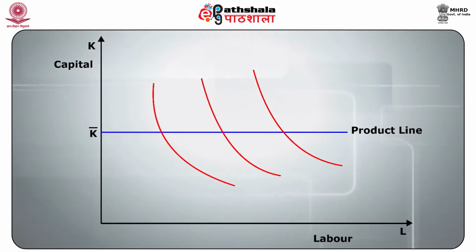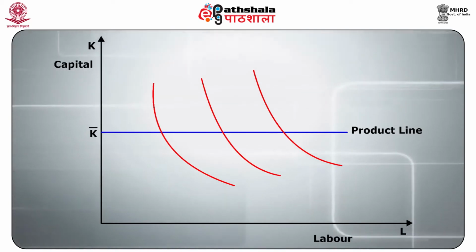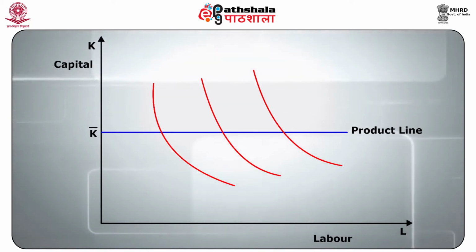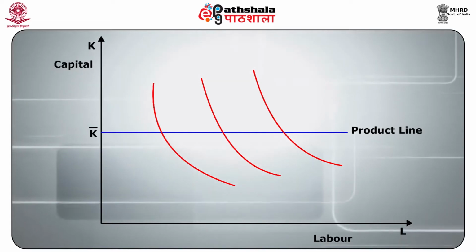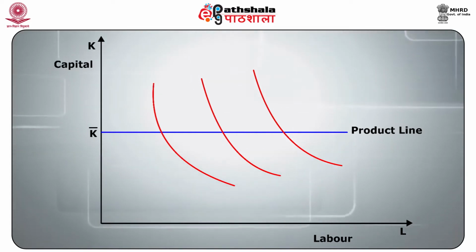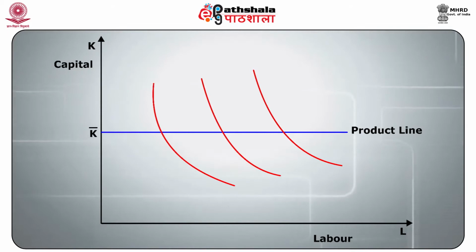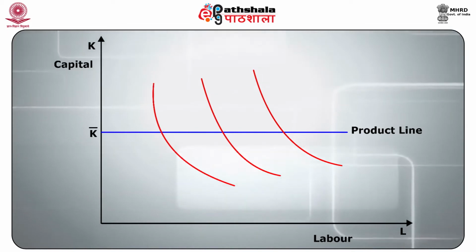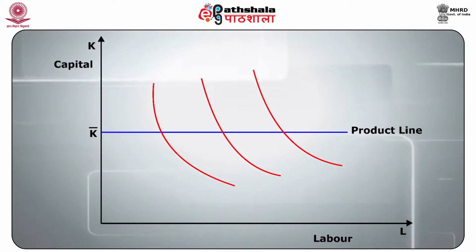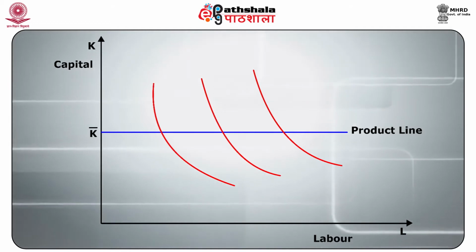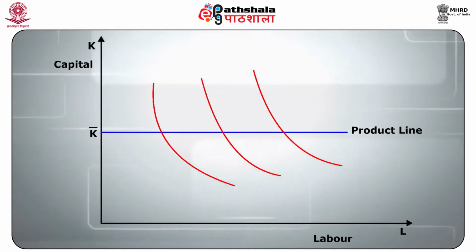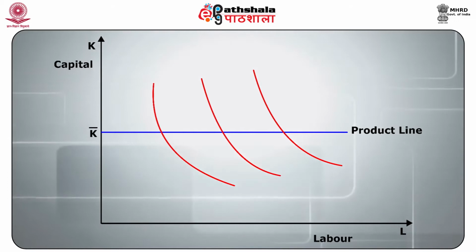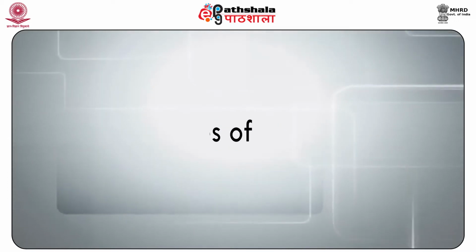Figure shows an isoquant map where isoquant IQ1 depicts the lowest level of output of 20 units, while isoquants IQ2 and IQ3 depict higher level of output of 30 units and 40 units respectively. Higher isoquant represents higher level of output than the lower one.